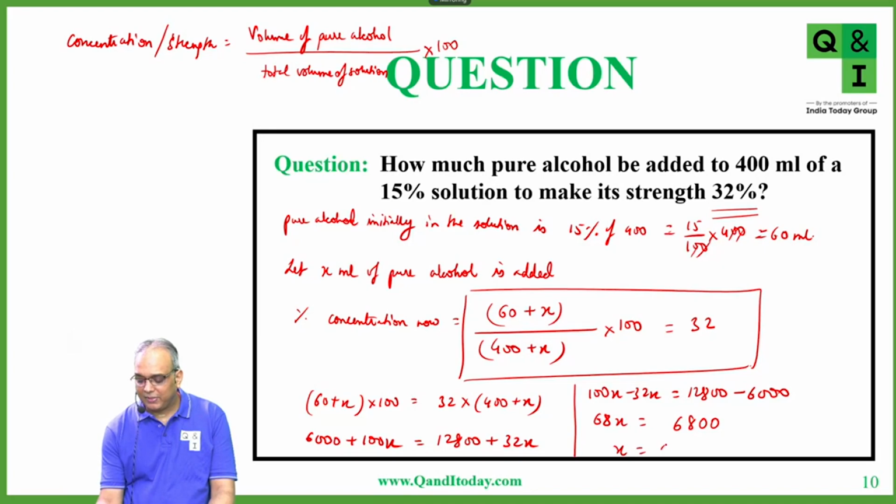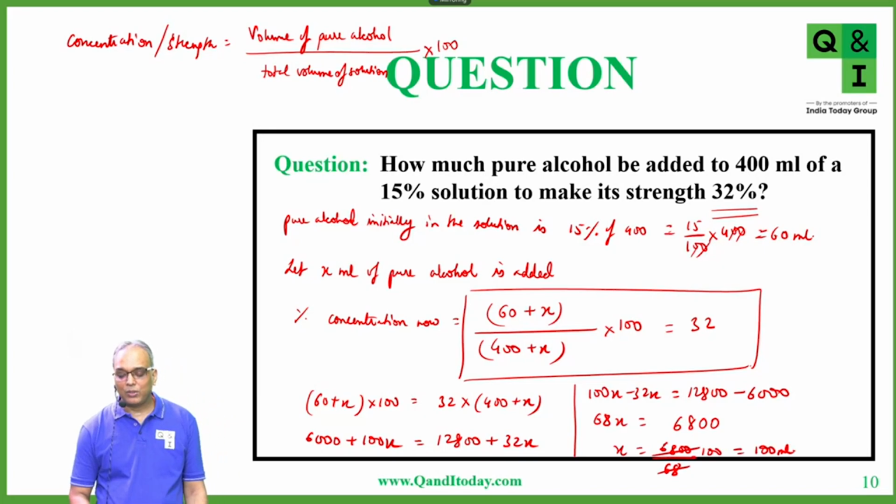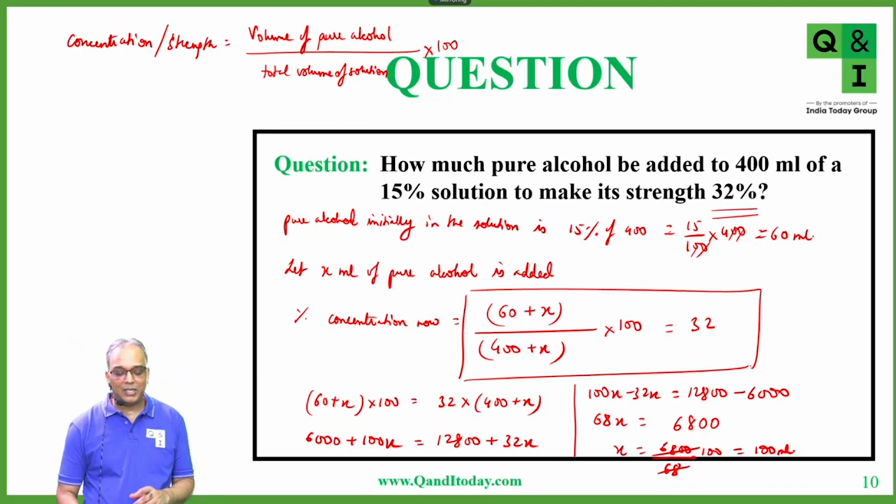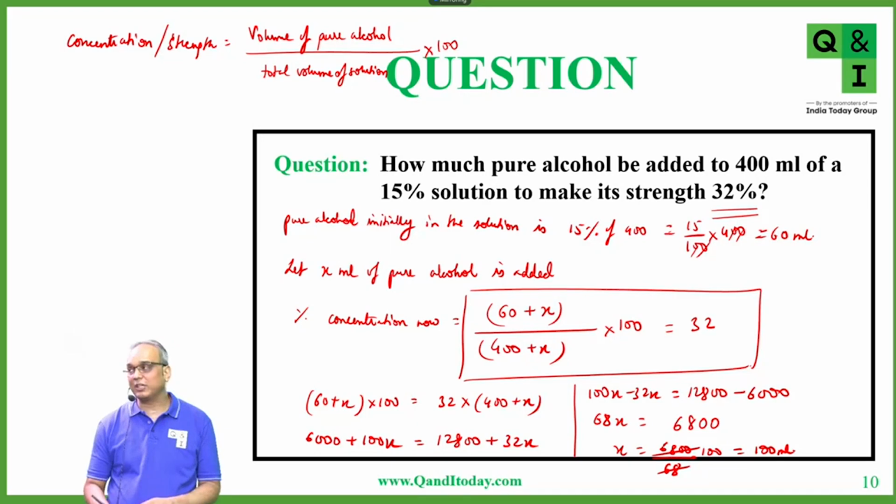Now x will be equal to 6,800 divided by 68, which is 100. So you are going to add 100 milliliter of pure alcohol in this solution to make it from 15% to 32%.